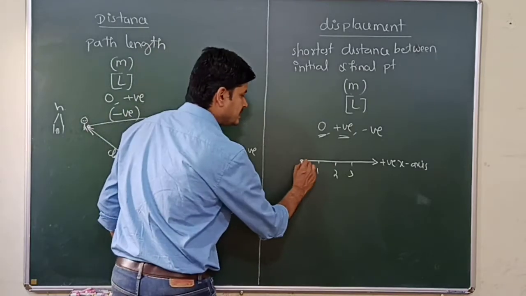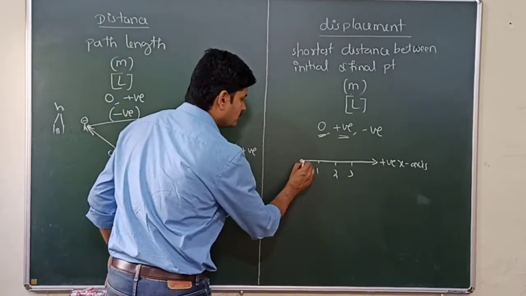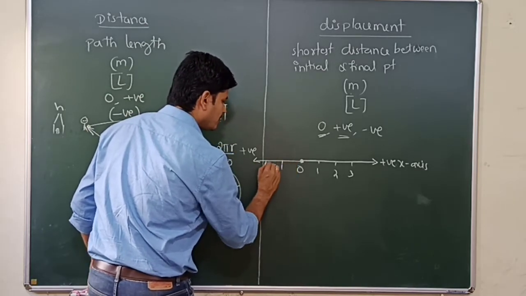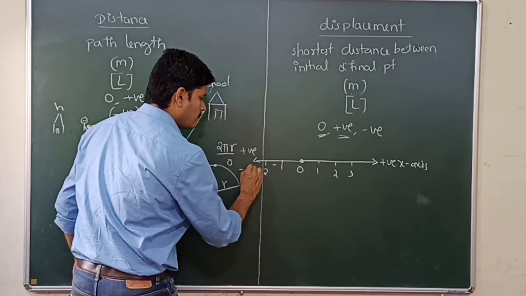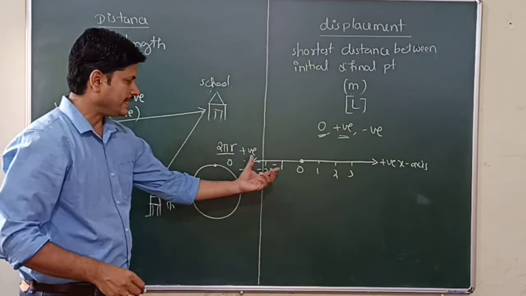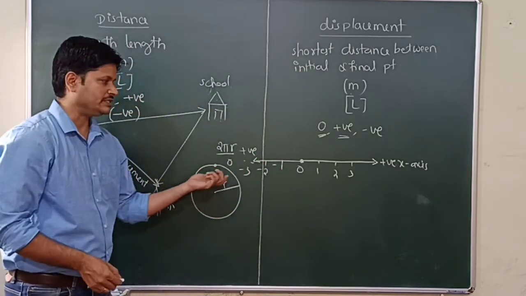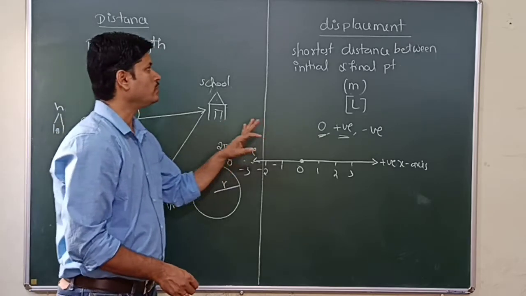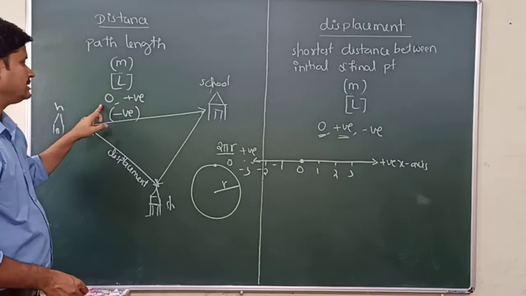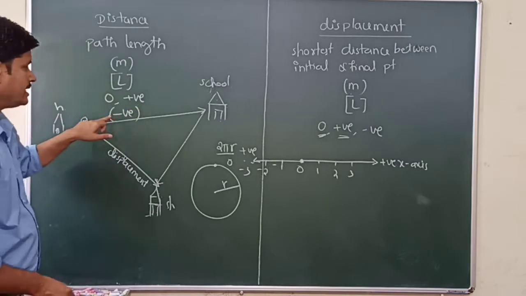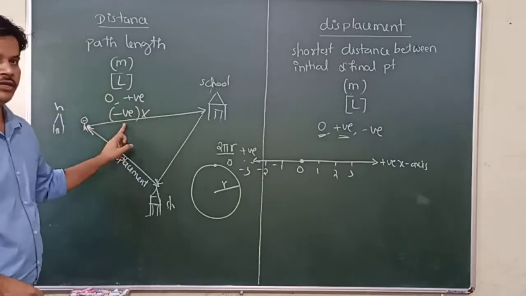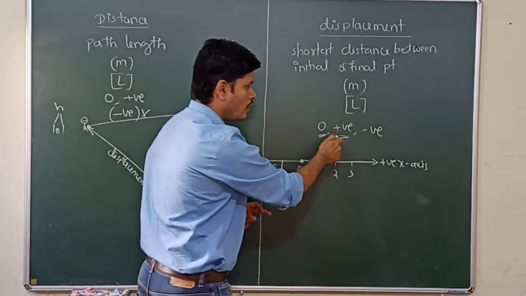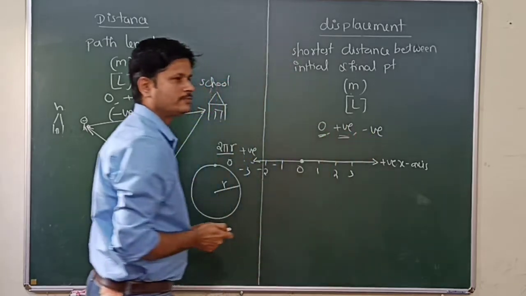If the person is traveling along the negative x-axis, minus 1, minus 2, minus 3, then the displacement is negative, correct? Therefore, distance can be 0 or positive, but it cannot be negative. But in case of displacement, it may be 0, positive, or negative.